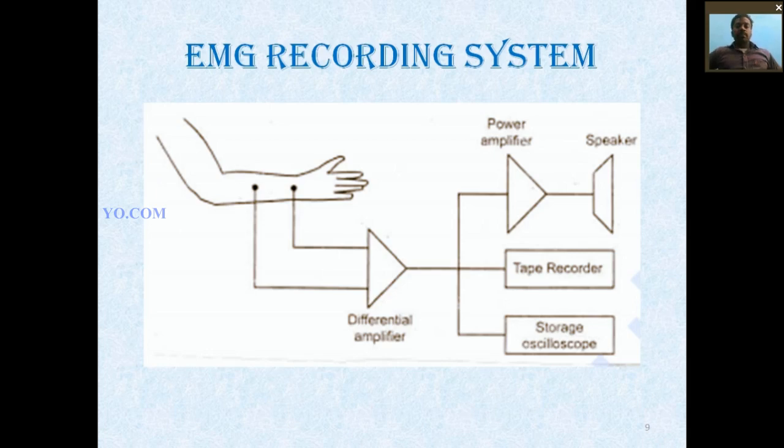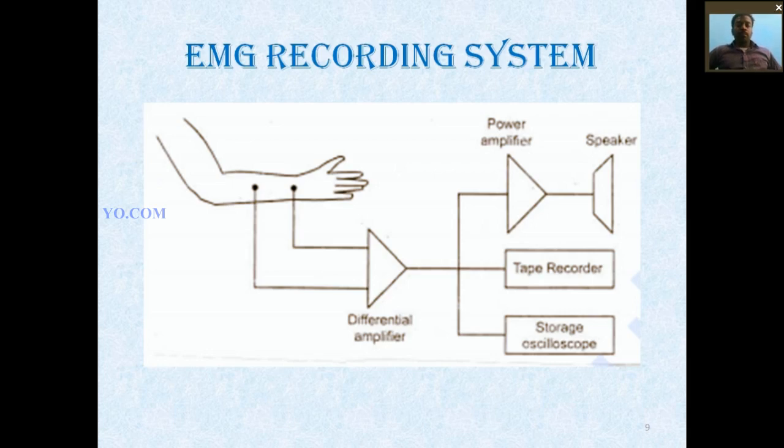Okay, so this is a recording system of EMG. It is a very simple thing. We are only using two electrodes, electrode 1 is A and electrode 2 is B. These two electrodes are connected to a differential amplifier. A differential amplifier is a high gain, high CMRR amplifier that amplifies the weak signal coming from the electrodes placed on our human body.